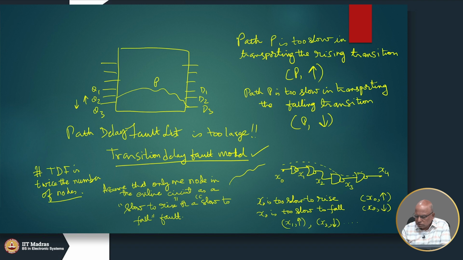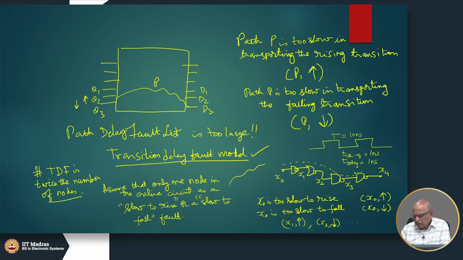See, suppose the period of this clock is T. Let us say it is equal to 10 nanoseconds. Let us say T clock to Q delay is 1 nanosecond and T setup is also 1 nanosecond. Then effectively we have 8 nanoseconds.